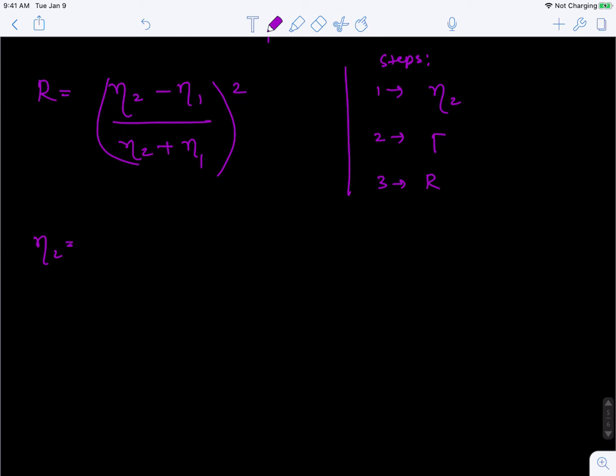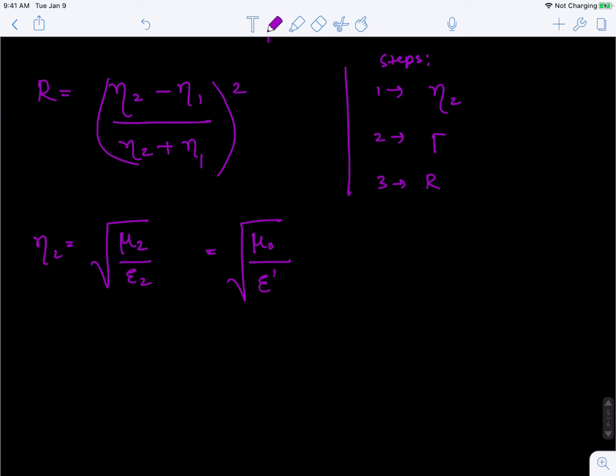Eta2 is equal to the square root of mu2 divided by epsilon 2. We know eta2 is complex because epsilon 2 is a complex number. So mu2 is mu naught because the material is non-magnetic.